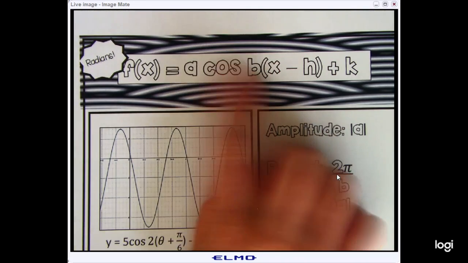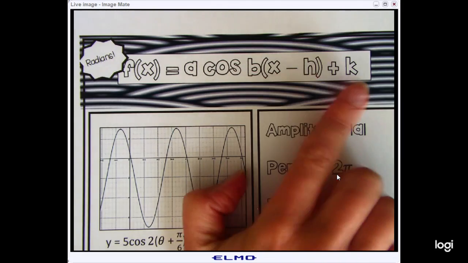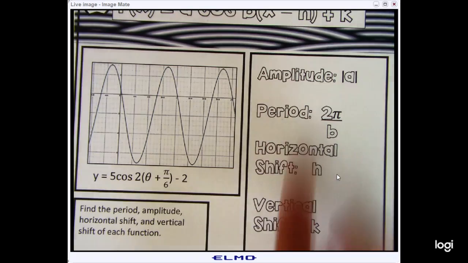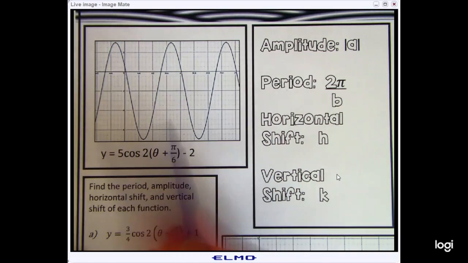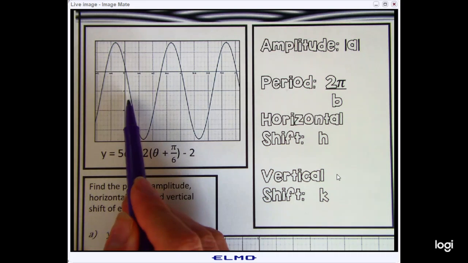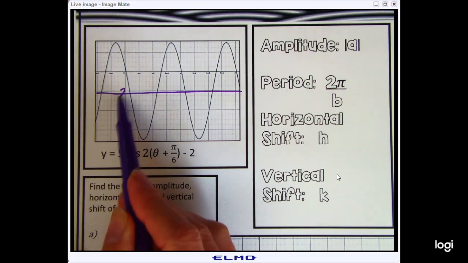Okay, again, we have the same thing. Amplitude, period, horizontal shift, vertical shift. It's all listed right here. Let's talk about this one quickly. Our center has been moved down 2. This is counting by 2s here.